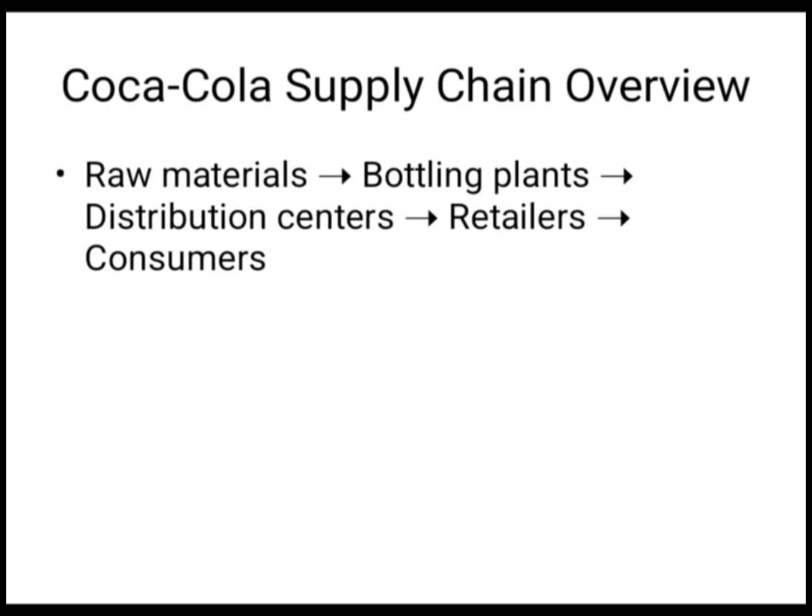This part is more on the cycle of where Coca-Cola comes from or how Coca-Cola is made, from raw materials, and then from raw materials to bottling plants, from bottling plants to distribution centers, from distribution centers to retailers, and from retailers to consumers.